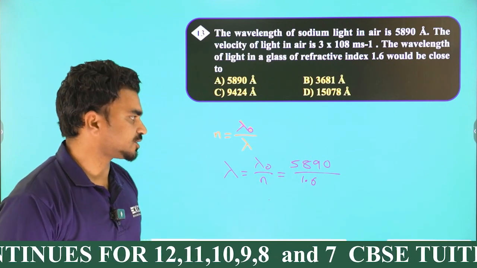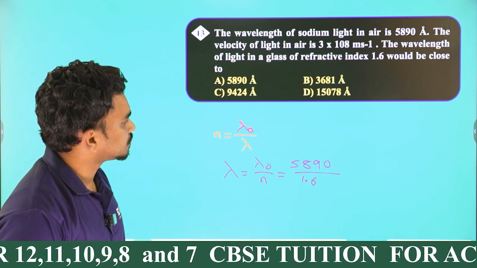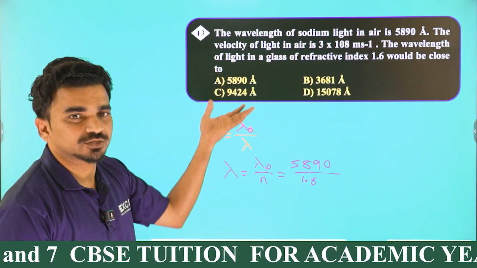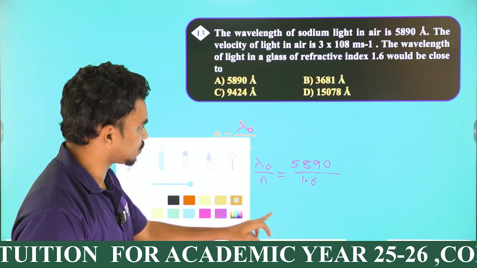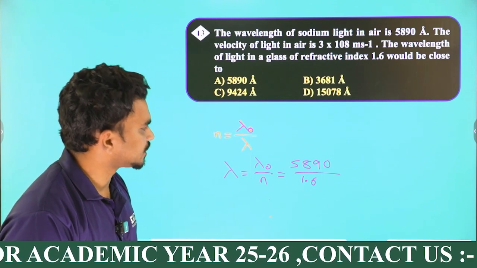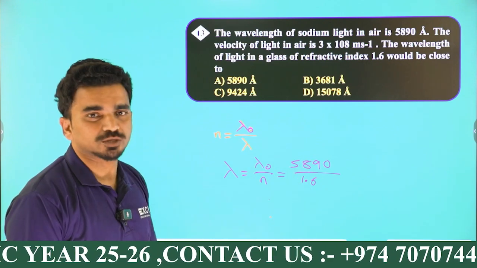If you do this calculation, what will be the answer? The number is the denominator. We don't want to find the value, right? If you have time, you can find the value, or otherwise we can say the answer itself. It is definitely less than 5890, because you are dividing by 1.6.